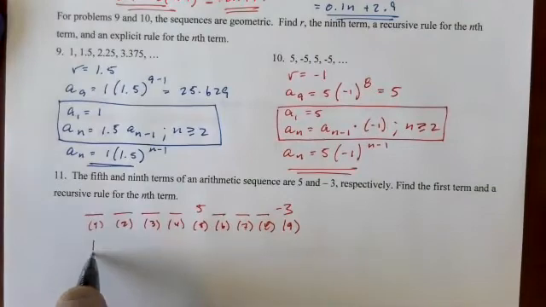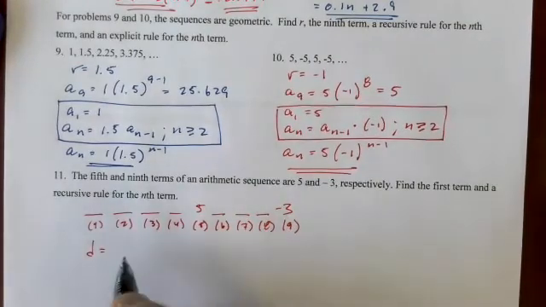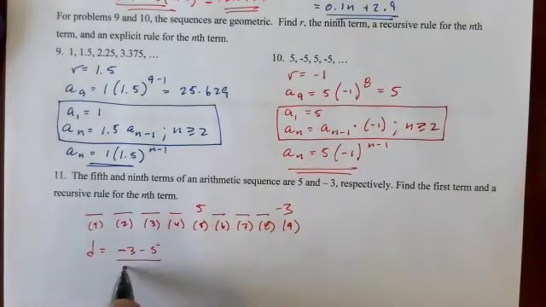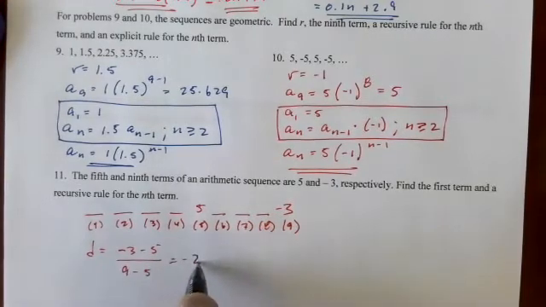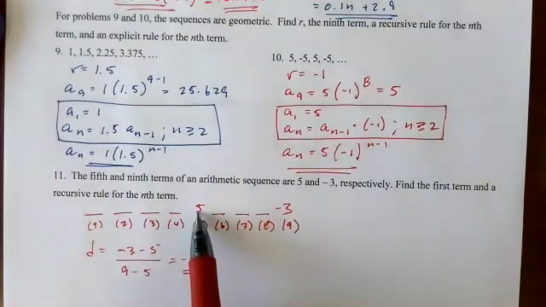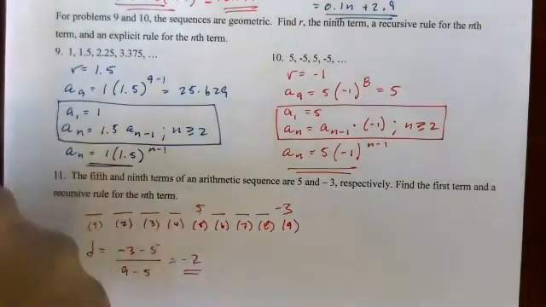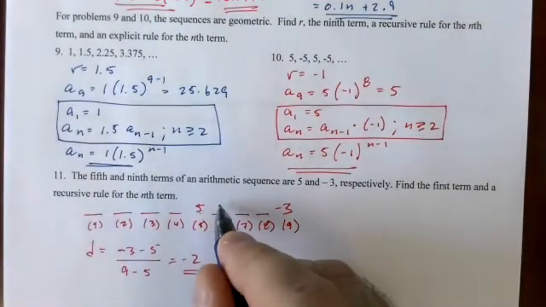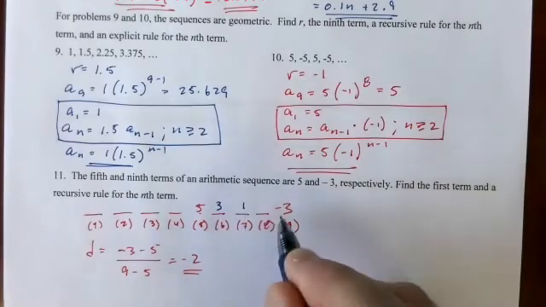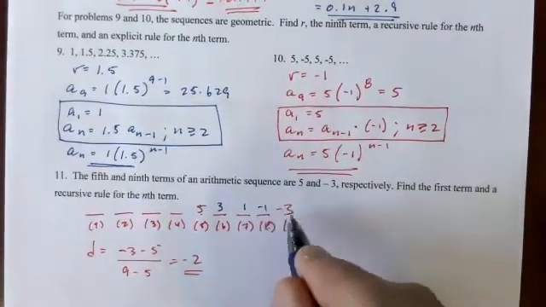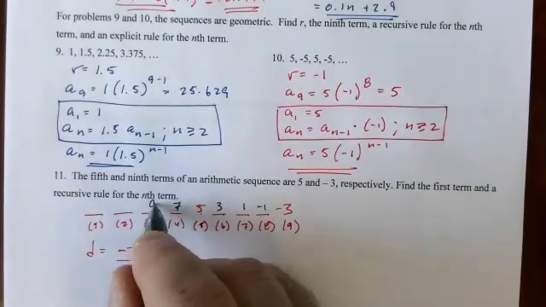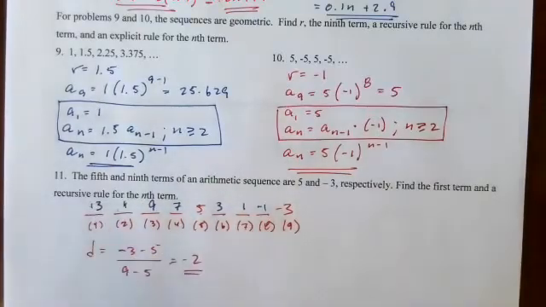And I'll do a little negative 3 minus 5 over 9 minus 5. I get negative 2. You probably figured that out a different way. 5 minus 2, actually, I'll fill this in this way. 5 minus 2, 3 minus 2, 1 minus 2, negative 1. Yep. And the other way it would be adding 9, 11, 13.